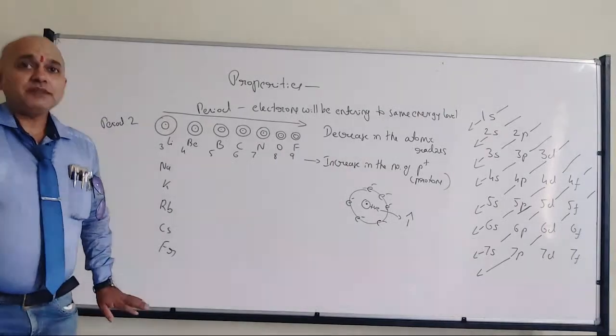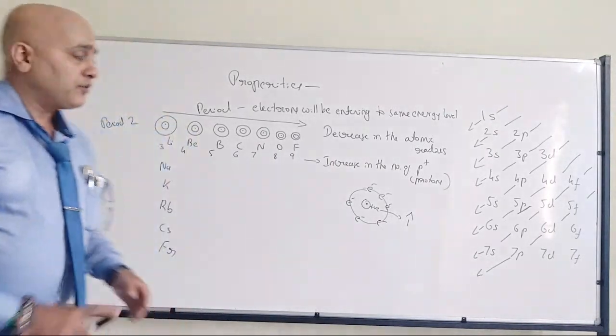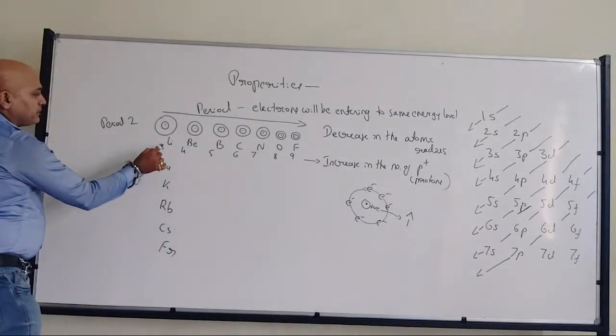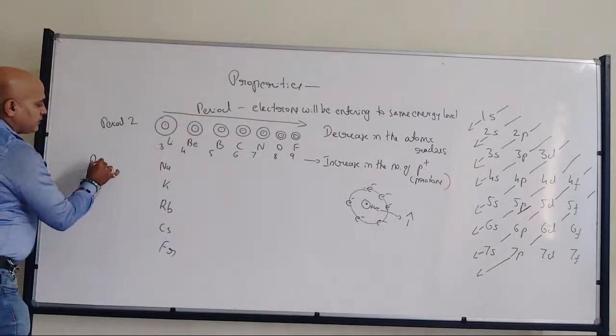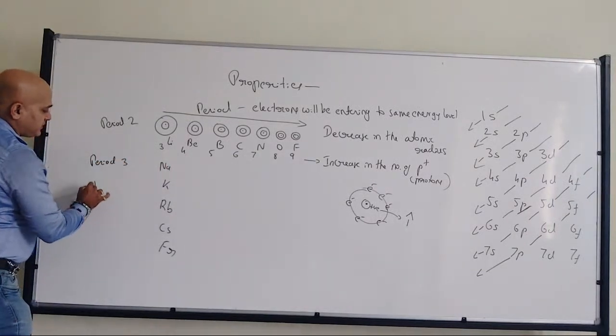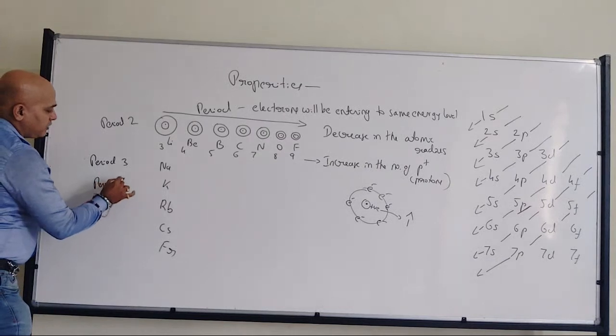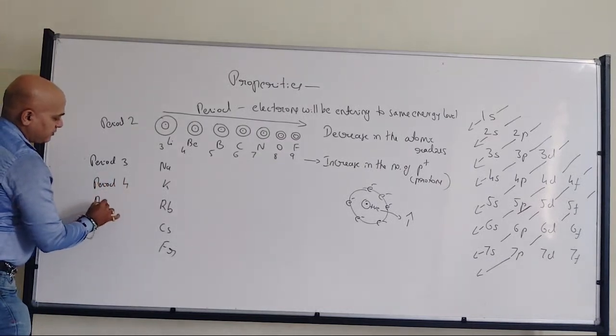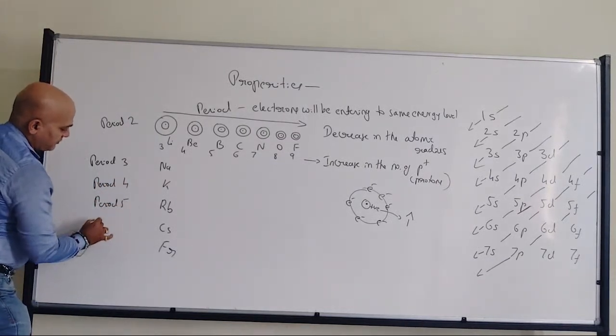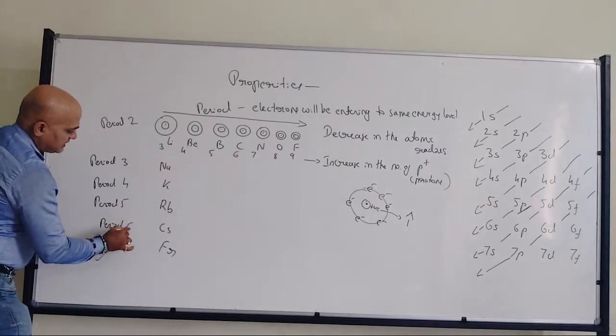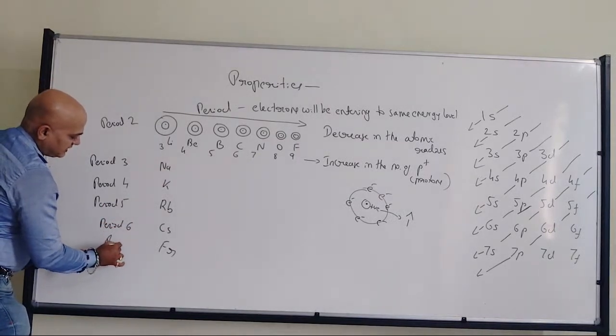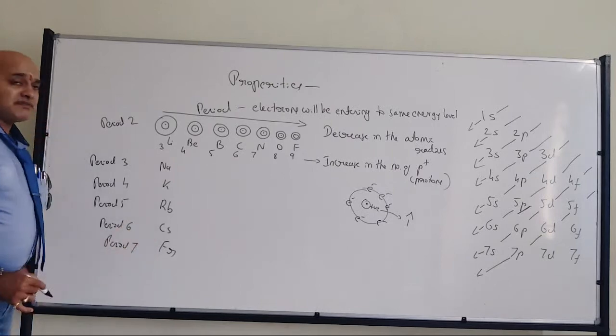So these are the elements. Fine. Now, when I am talking about lithium, period number 2, period number 3, period number 4, period number 5, period number 6, then finally we have period number 7.